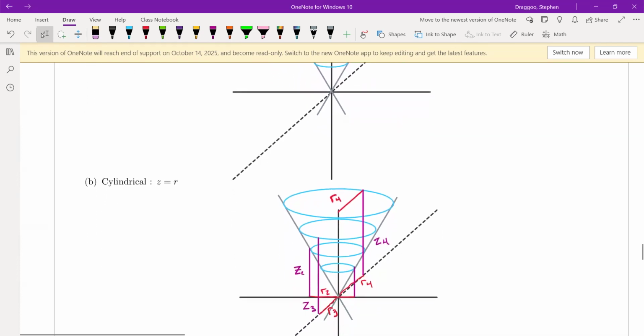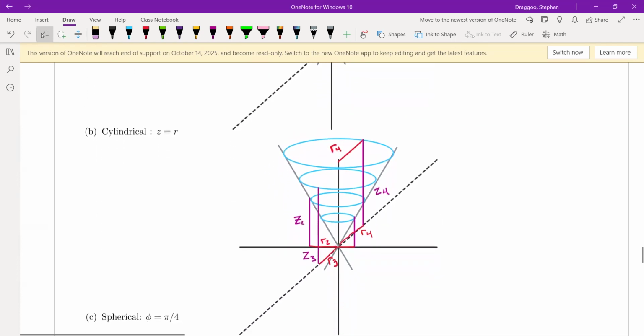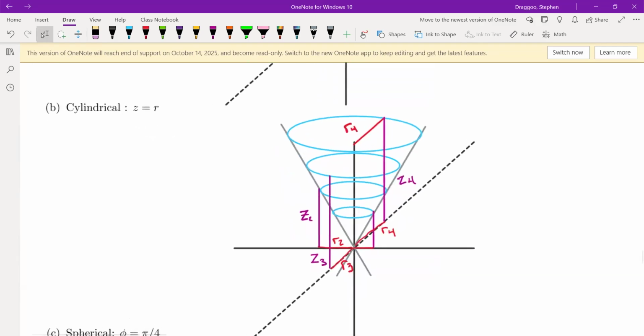If I'm going to instead draw these things in cylindrical coordinates, I want to draw in a bunch of points where z and r are equal to each other, is what I've attempted to demonstrate in this diagram. So drawing a point where z and r are equal and then revolving that point around the z-axis.